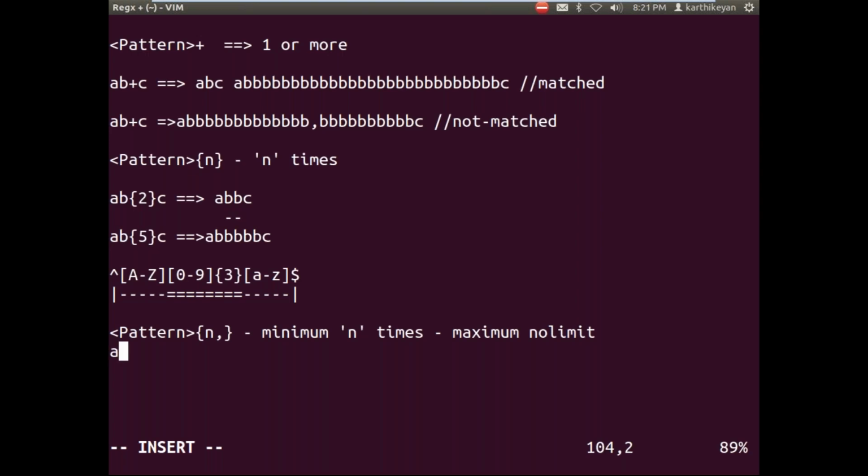So minimum n times. If we say A, B, 3 comma followed by C, it means B should match a minimum of 3 times. Maximum there is no limit, but the same occurrence should repeat.